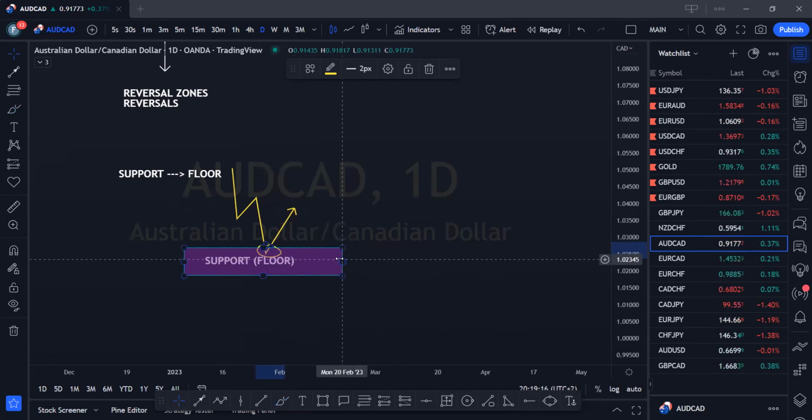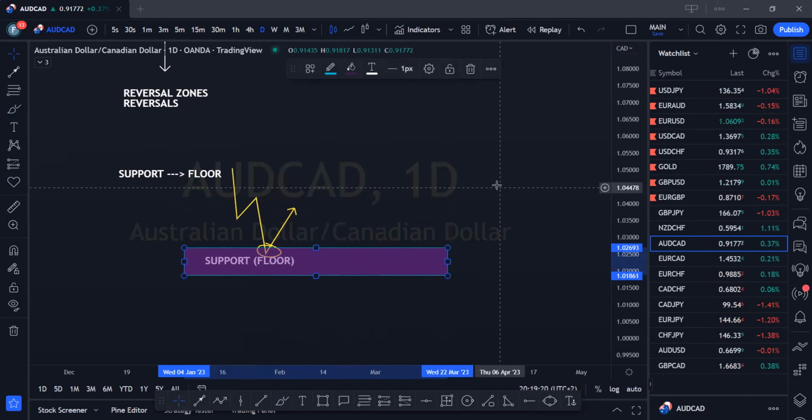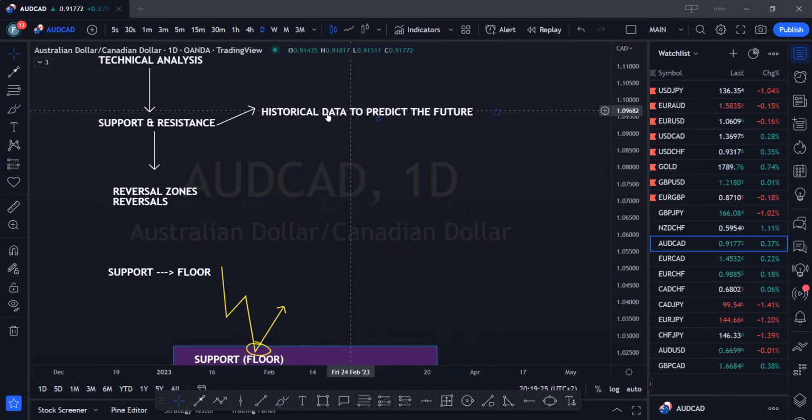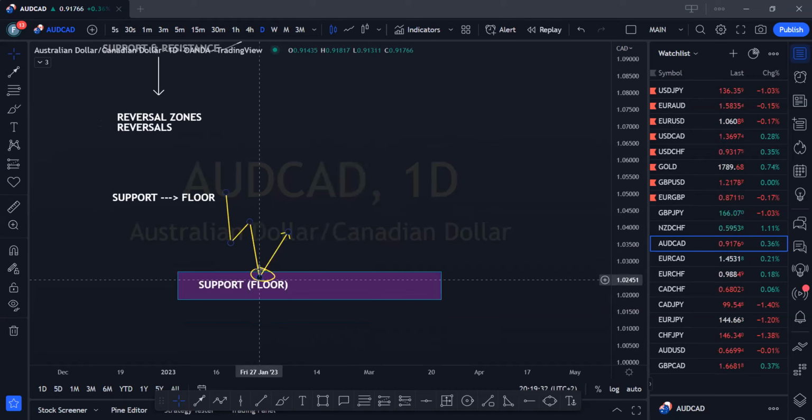So what is the ideology behind support? Remember, I said that we are using historical data to predict the future. So the idea is that we are drawing this support zone now based on what happened previously. Now we want to use that information to predict what will happen later on.